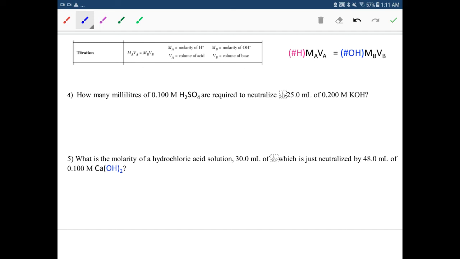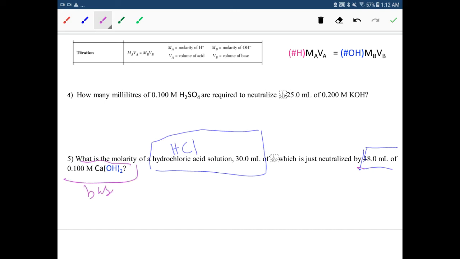So 30 ml of hydrochloric acid, which is HCl, is just neutralized by 48 ml of CaOH2. So this is our base information, and this is our acid information.